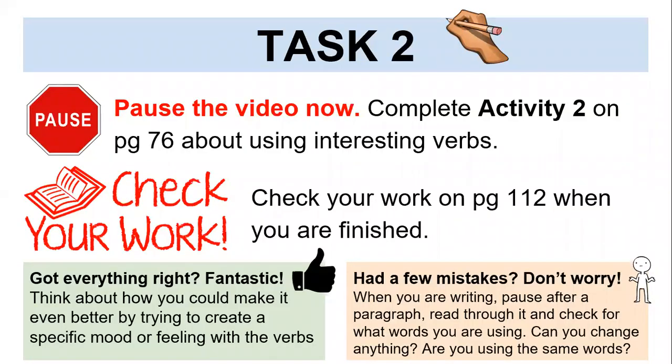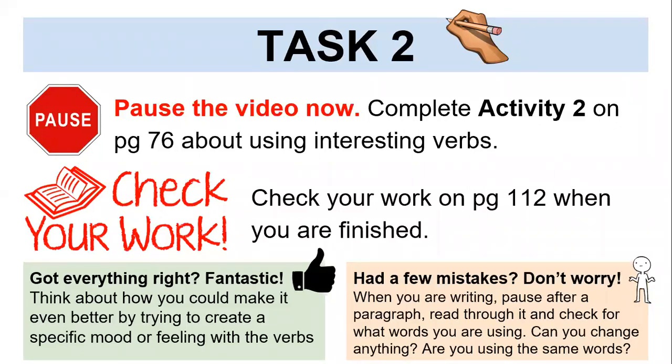Okay, let's move on to task 2 now. So we're going to be completing activity 2 on page 76. This activity is where you've got the word went in a sentence, and you need to choose a much better word. You're going to think about the whole of the sentence and the effect that your replacement is going to have on it. So look at the whole of the sentence and think about how you could improve that word.